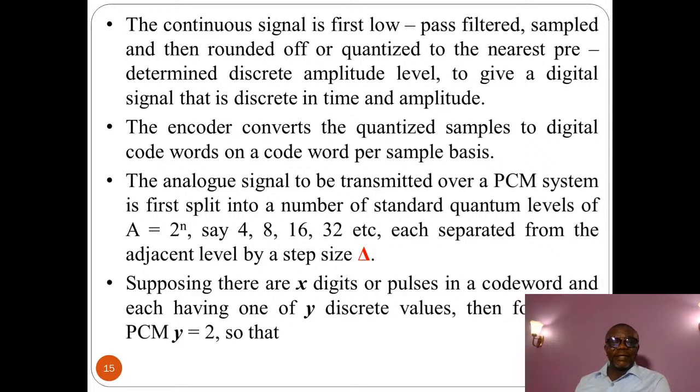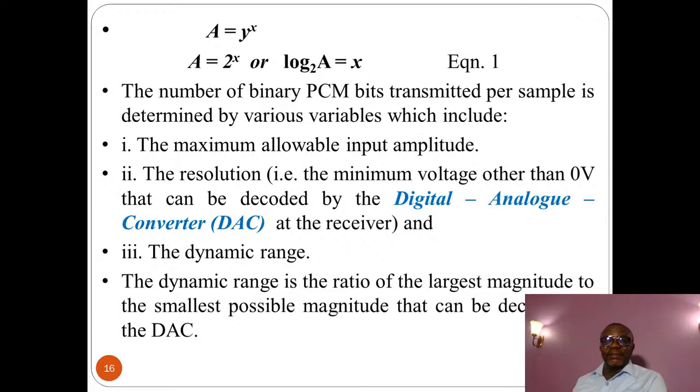Then for binary PCM, Y is equal to 2, so that A equals 2 to the power X. If you do a little mathematics, you see that log2 A is equal to X. Now, it can be different levels, not just binary levels, but we restrict ourselves to base 2.